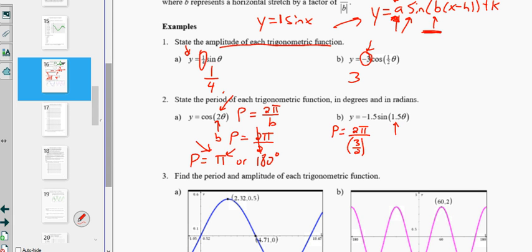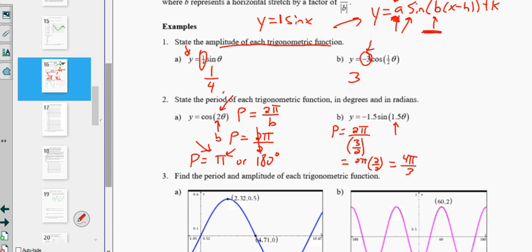And then I'm going to rewrite that as 2 pi and flip that one around, so I call that 2 over 3. Dividing by a fraction is the same as multiplying by the reciprocal. So that just ends up being 4 pi over 3. And 4 pi over 3 on the unit circle ends up being 240 degrees.